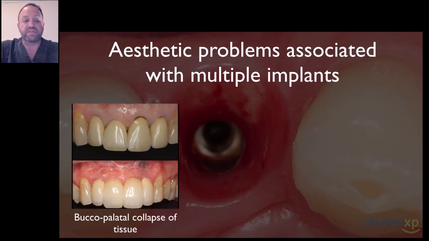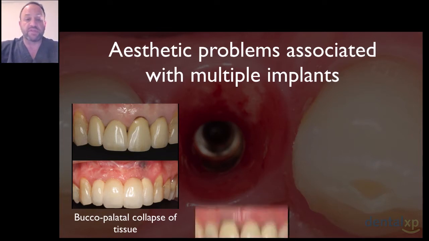If we look at this case 3 years post-op, you can see that even though everything started off with a fairly good bulk and everything looked nice, a slightly thin gingival morphotype, as a result, 3 years post-op, you can see loss of papillae, loss of buccopalatal dimension, recession, everything going on there as a result of the multiple teeth that are taken out and the extensive and more widespread collapse of the buccopalatal as well as the vertical dimension of the bone after healing with immediate placement.